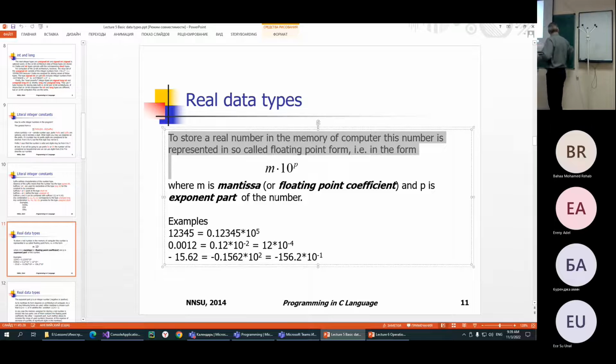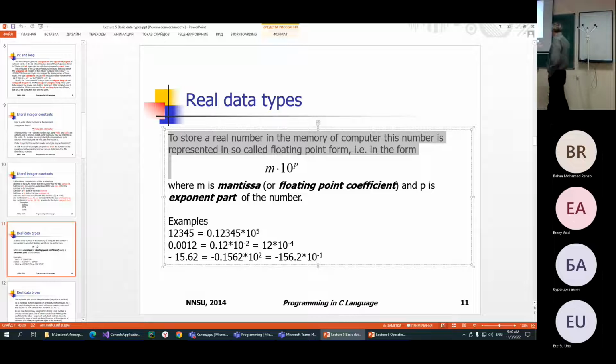We can write the fractional part as a fraction, 3 over 10, or 23 over 10, or any other numbers. For example, in some cases I can write 1 over 7. This is also an example of a real number, but I cannot convert this number directly to this form of representation.